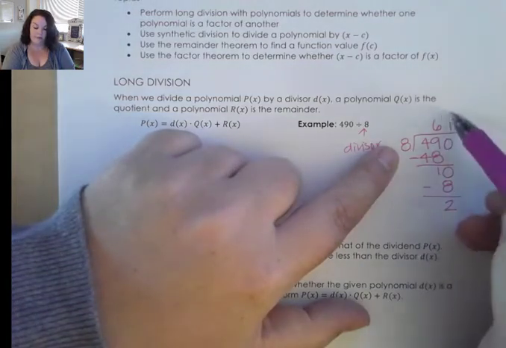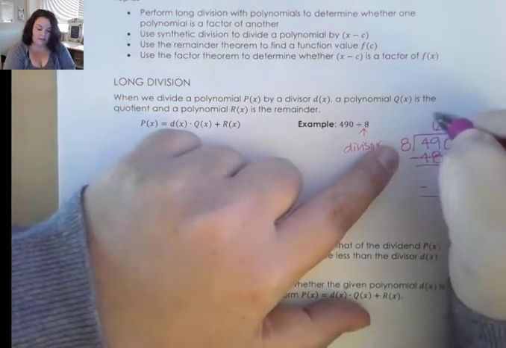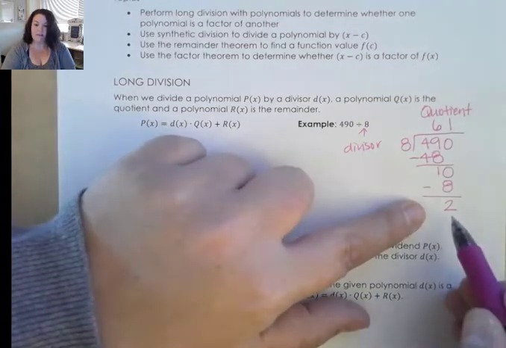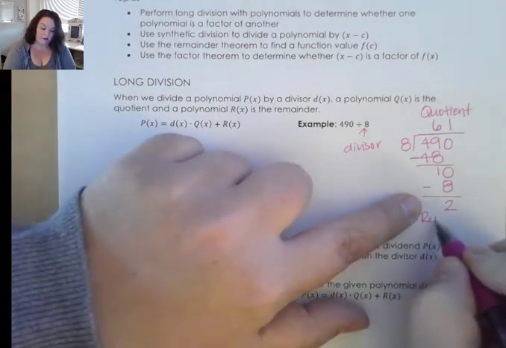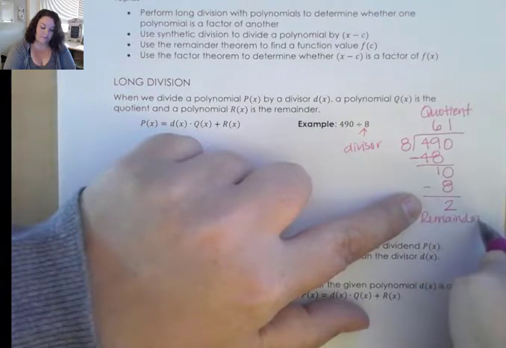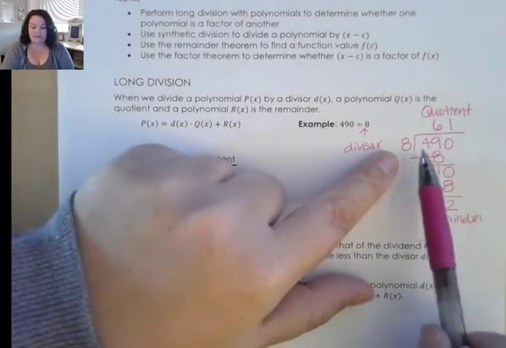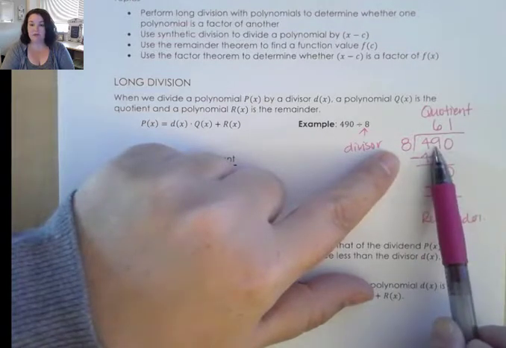Whatever we get up here, we call this our quotient. Remember these words? And whatever I'm left over with is our remainder. There's a cool couple of things that we can determine by doing long division. One, I can determine if 8 is a factor of 490.